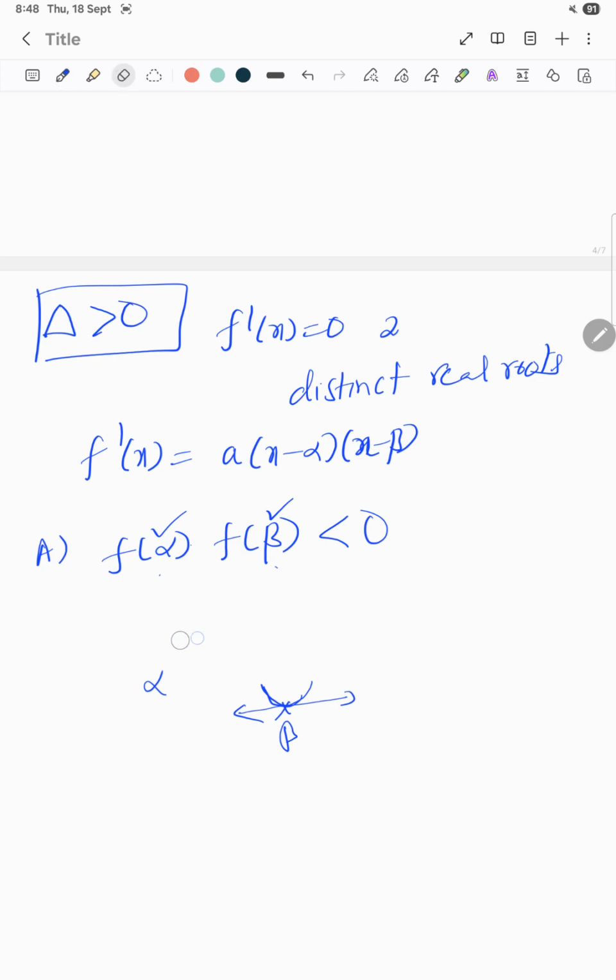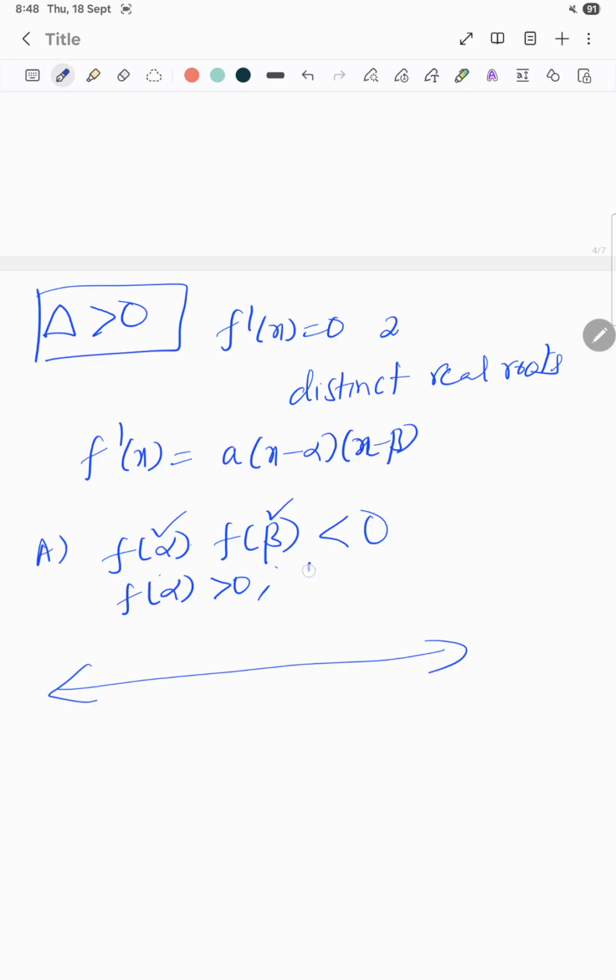So if f of alpha into f of beta is less than 0, one of them is positive and the other is negative.